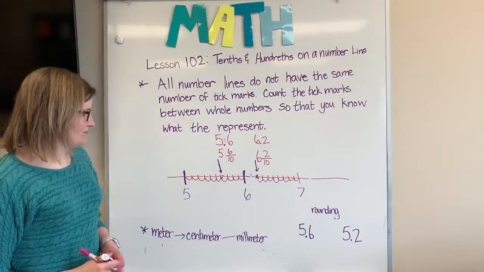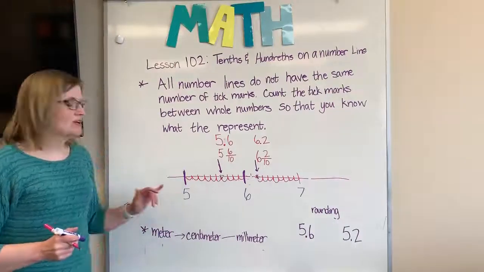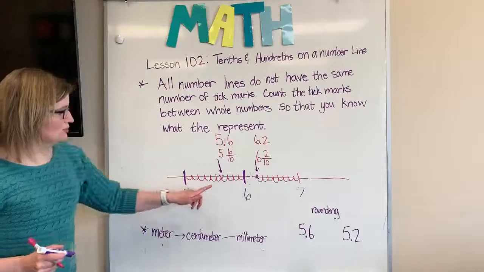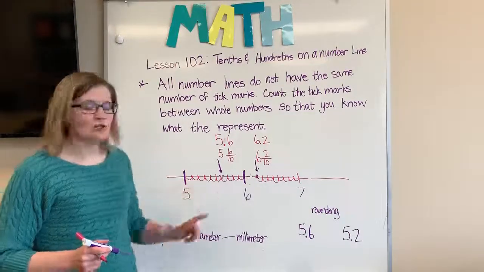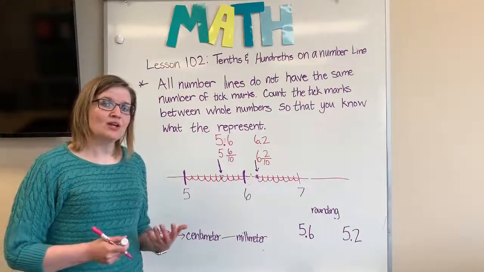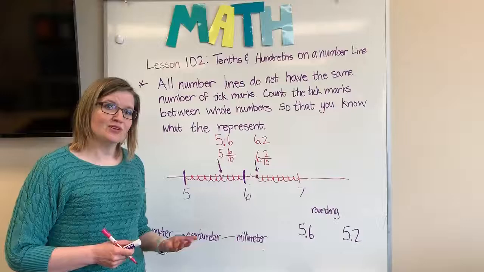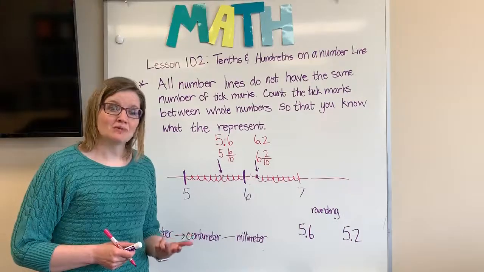Now, let's chat about measurement, because you will notice that when we have 10 parts between each whole number, it's looking very similar to what we see when it comes to measurement of meters, centimeters, and millimeters.